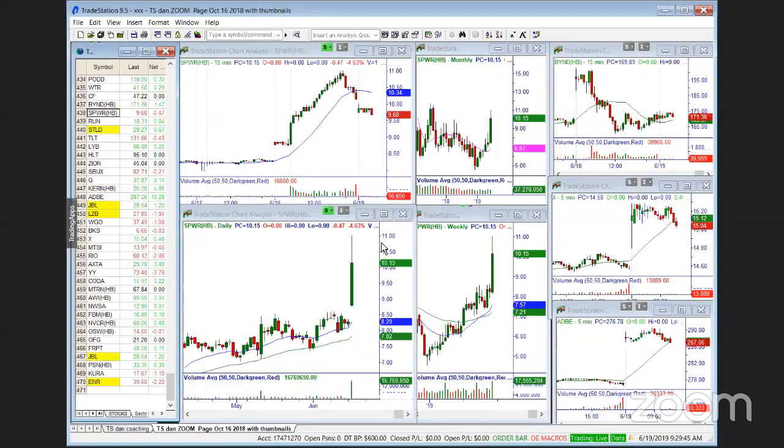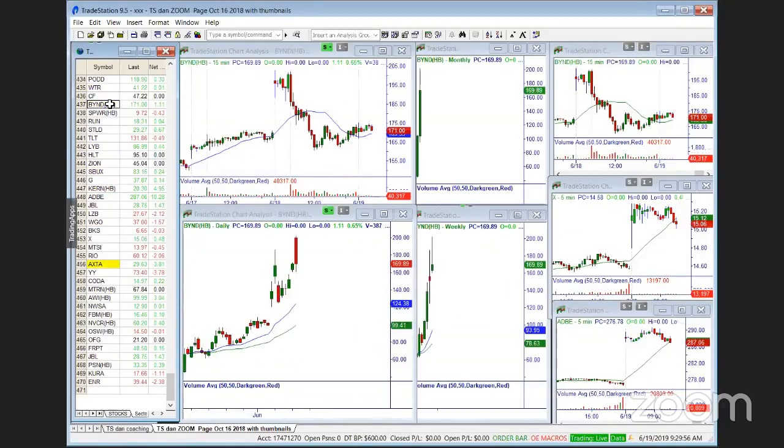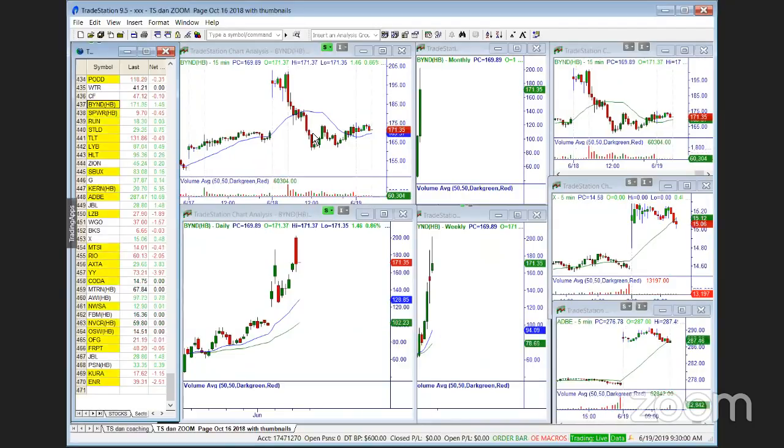SPWR, wow, we sold at $11 yesterday, or $10.98. We top ticked this. Beyond, I texted Greg at the gym. I was on the Stairmaster, and then I saw this ticker going by, Beyond's big old gap. It was then flat on the day.